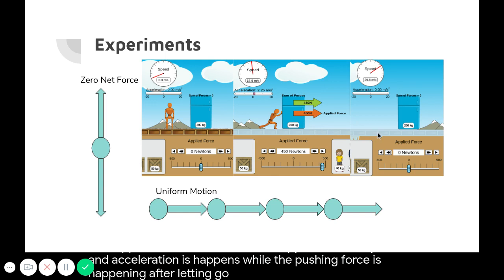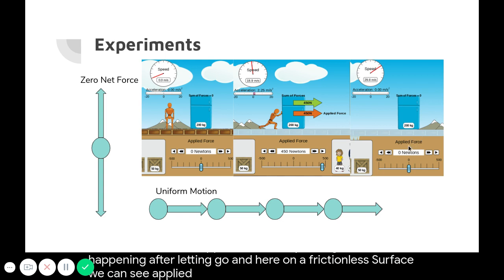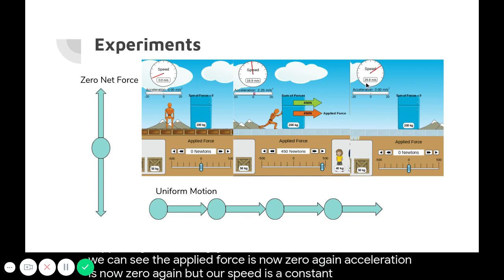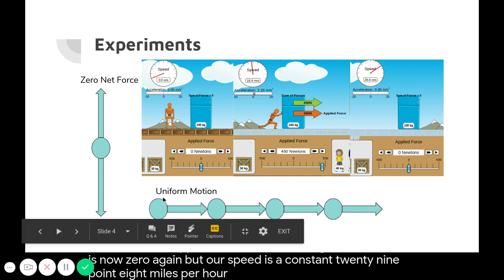After letting go, and here on a frictionless surface, we can see applied force is now zero again, acceleration is now zero again, but our speed is a constant 29.8 miles per hour.